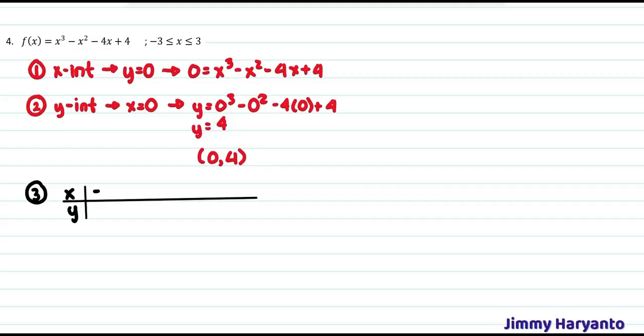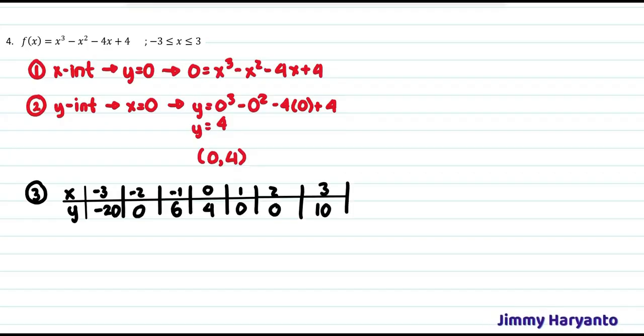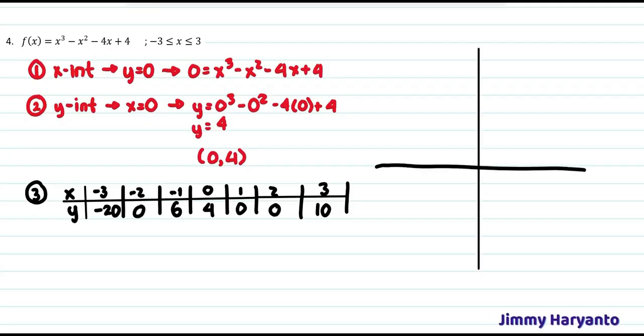So let's start from negative 3, and then negative 2, and then negative 1. We already have 0, which is 4, and then 1, 2, and 3. Okay, let me calculate it first. Okay, I already calculated all of them, and I have this result. So later we will plot the points, and then we'll connect them using a smooth curve.